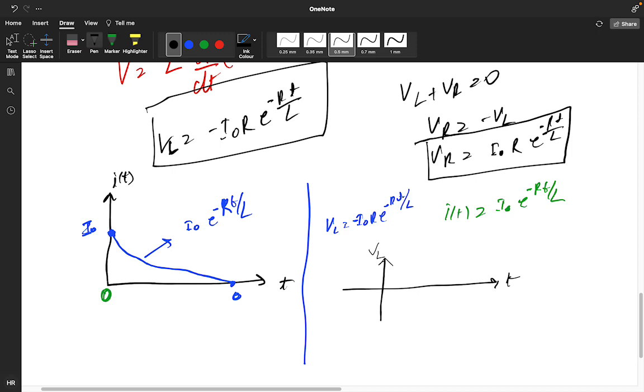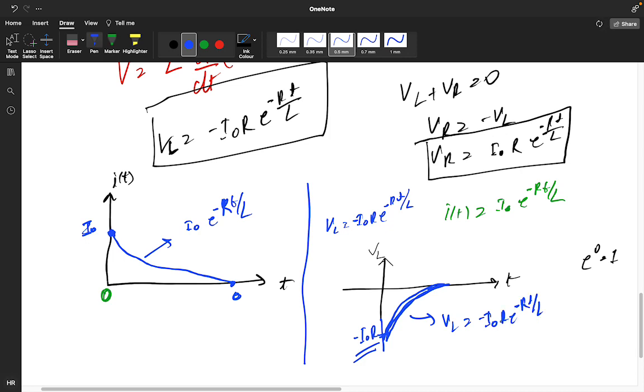If you put 0, e power 0 is 1 only. So you get minus I naught into R. And at t equals infinity, e power minus infinity is 0. So the graph will be like this. This is V of L, minus I naught into R e power minus Rt by L.